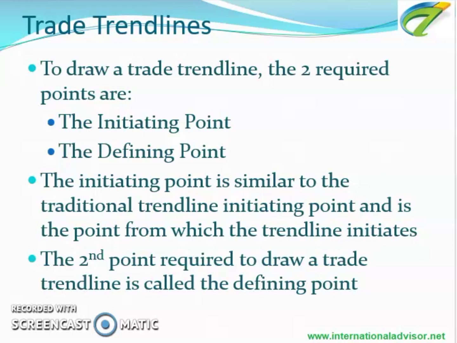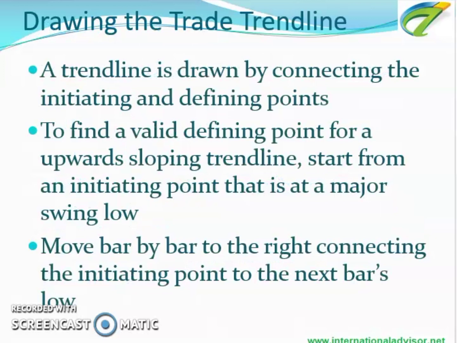The initiating point is similar to the traditional trend line. The initiating point is the point from which the trend line initiates. The second point required to draw a trade trend line is called the defining point. A trend line is drawn by connecting the initiating and defining points.